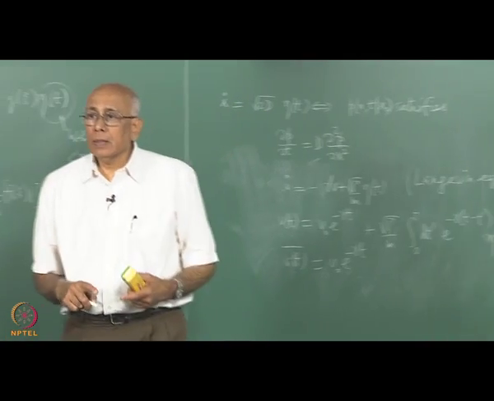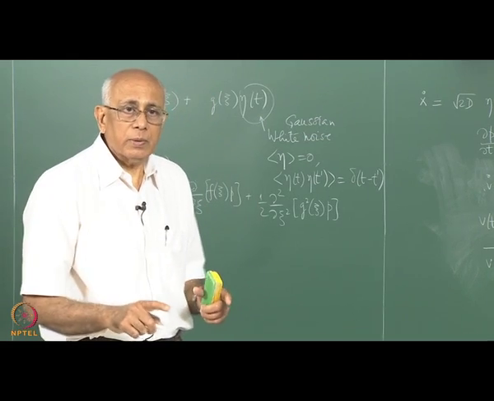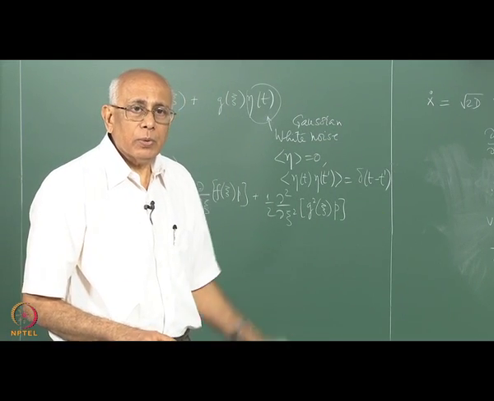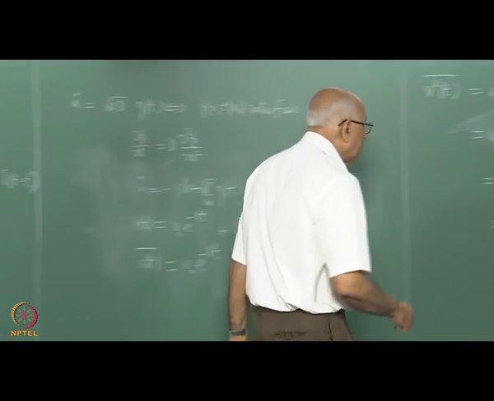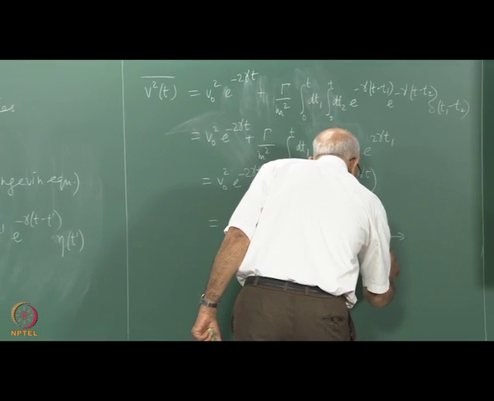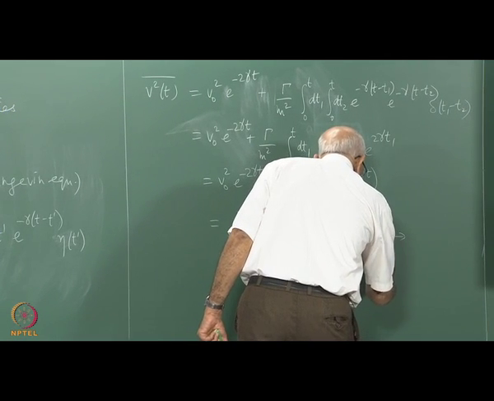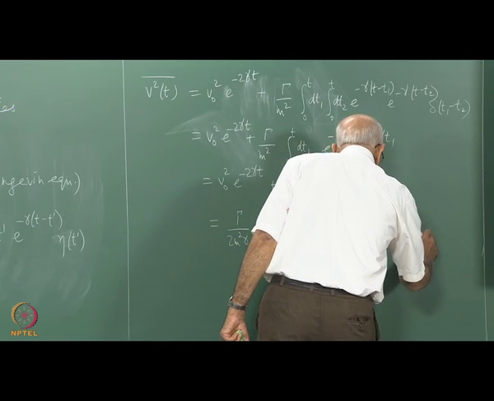This is for a given V0. For some over the sub ensemble of particles with a given V0, this is what you get. And now what happens to it as t tends to infinity? Well, gamma t tends to infinity, this becomes gamma over 2 m squared gamma.